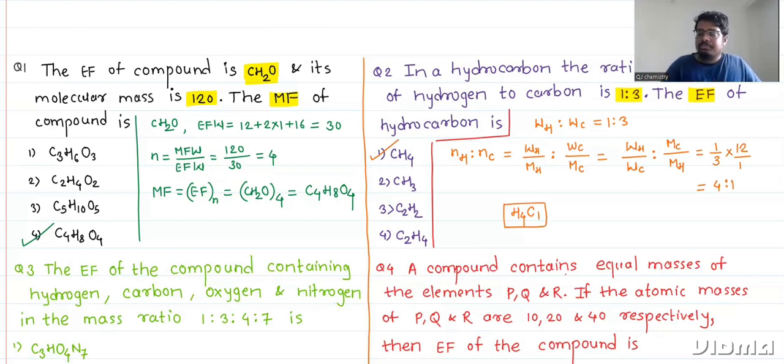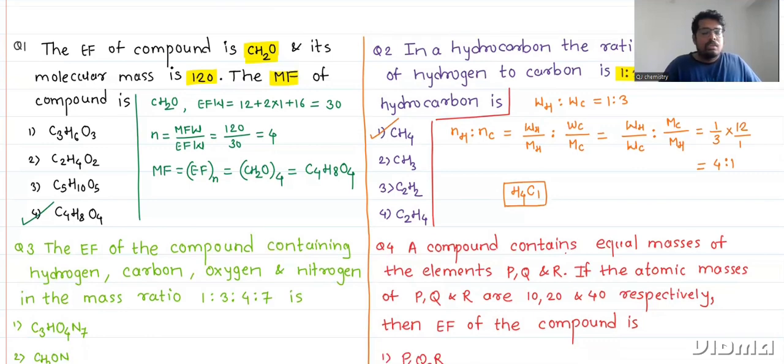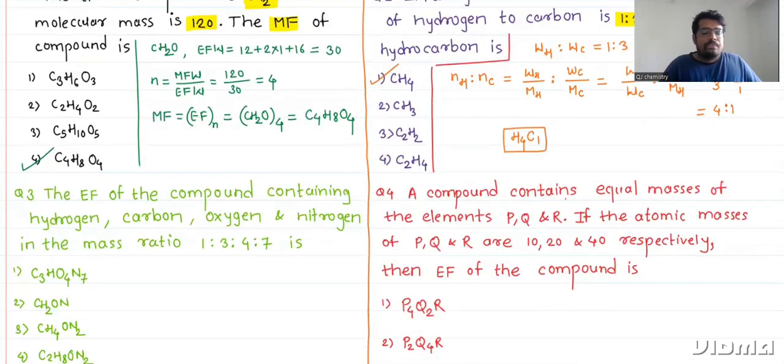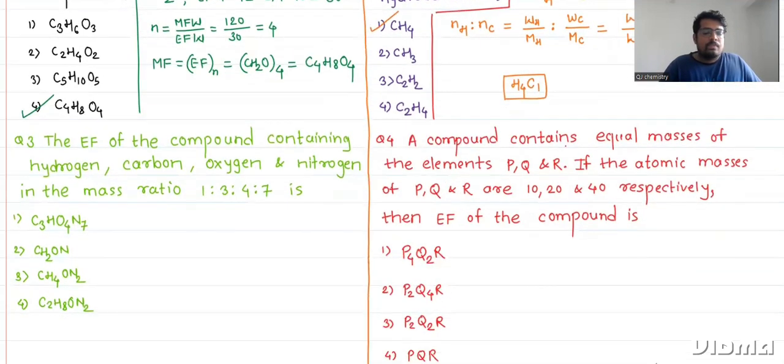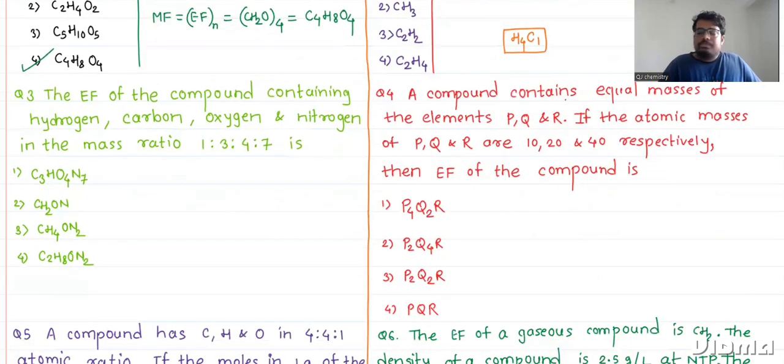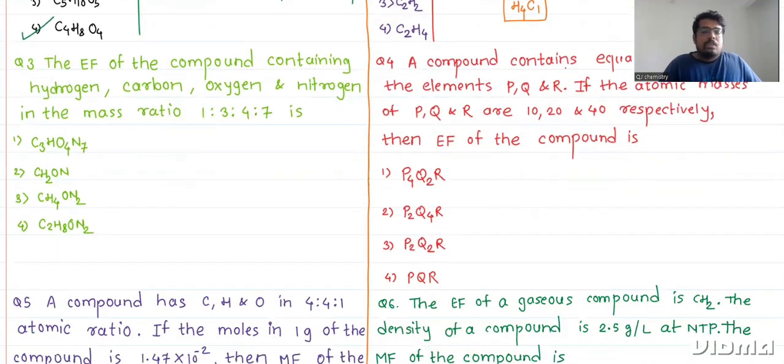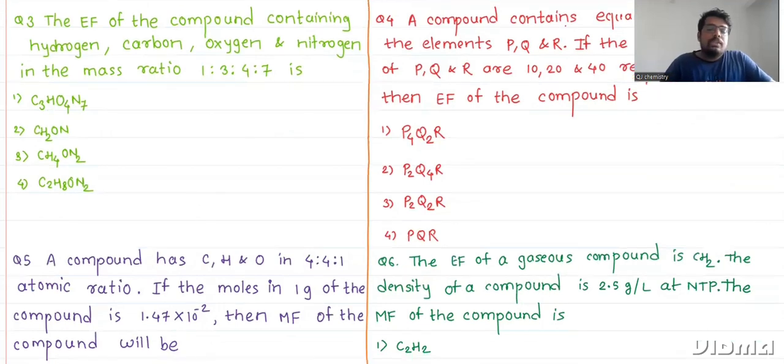Question number 3. In question number 3, the empirical formula of a compound containing hydrogen, carbon, oxygen, and nitrogen in the mass ratio 1 is to 3 is to 4 is to 7.